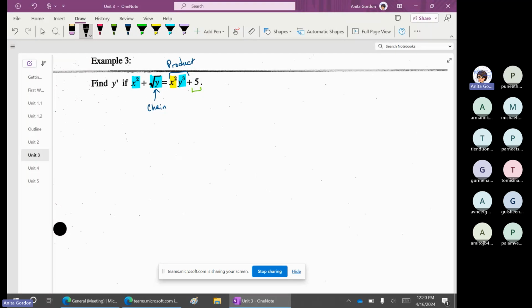The derivative is 2x, that's our first term, plus, remember we can write square roots as fractions of power, right? So this is 1 over 2 y to the negative 1/2. Chain rule though, right? This is the outside function times the derivative of the inside function. So there's a y prime.